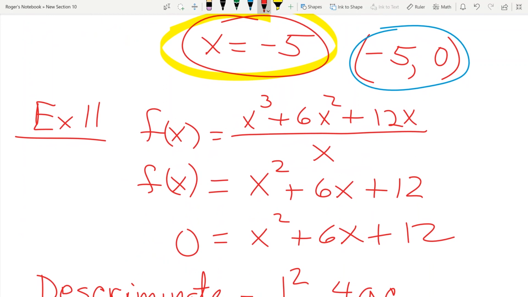We should also see a removable discontinuity when x equals 0, because x cannot be 0. Remember, if x is 0, we'd be dividing by 0, and that's not allowed. So a removable discontinuity at x equal to 0. Let's jump over to the Desmos graphing calculator and see for ourselves if this is in fact the case.